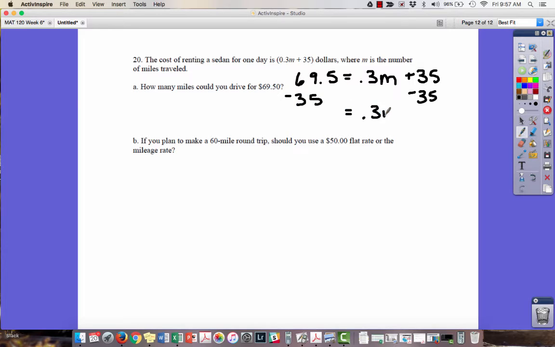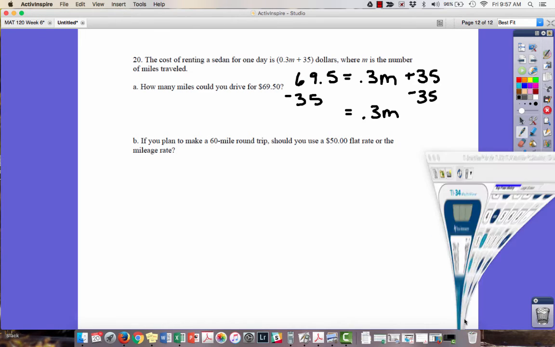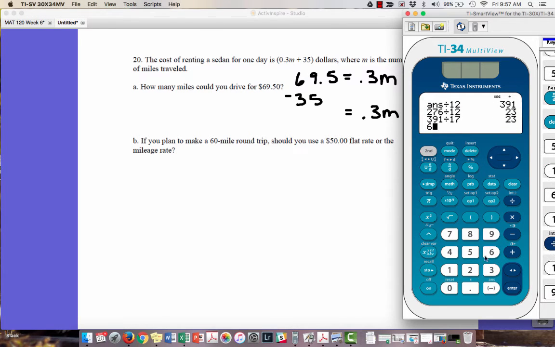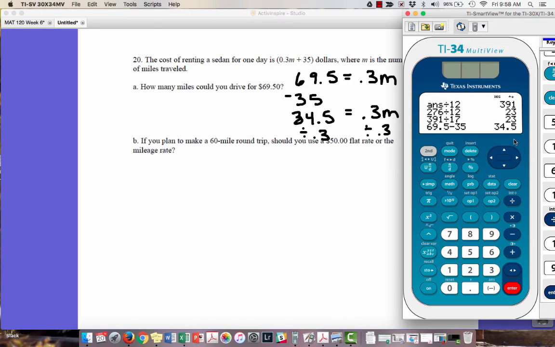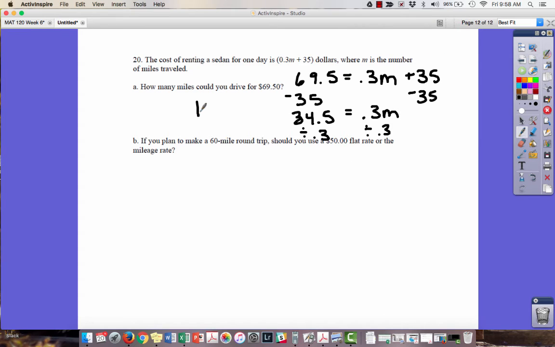So it ends up being 0.3 m on this side, and then 69.5 minus 35, so 34.5. Now I want to actually get m by itself, so I'm going to divide both sides by 0.3. So I have 34.5 divided by 0.3, and I get 115.